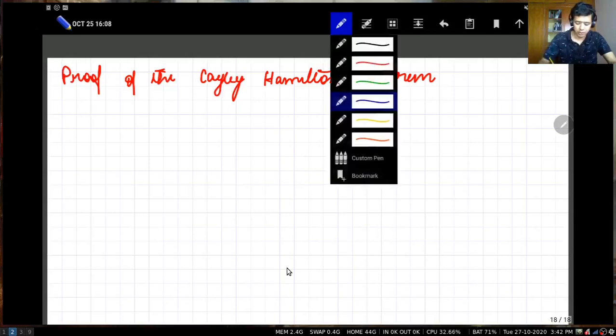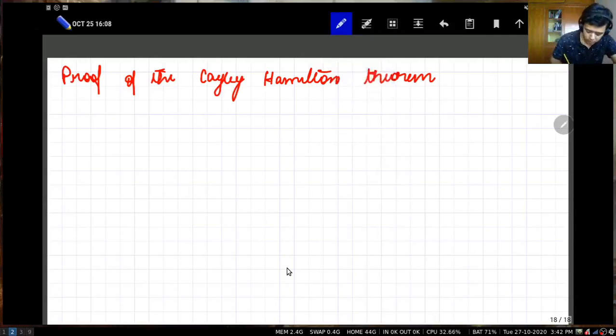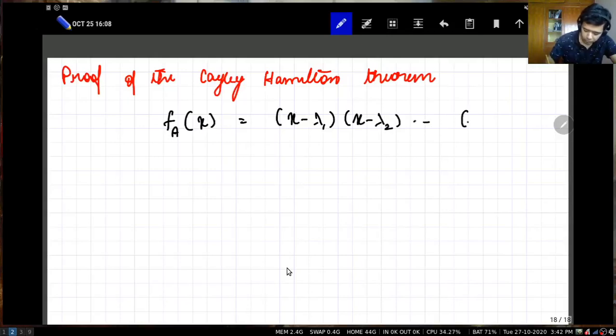So let's suppose that the characteristic polynomial of A, f_A of x, takes the form (x minus lambda 1)(x minus lambda 2) up to (x minus lambda n), where these lambda i's need not be distinct; some of them could be repeated.